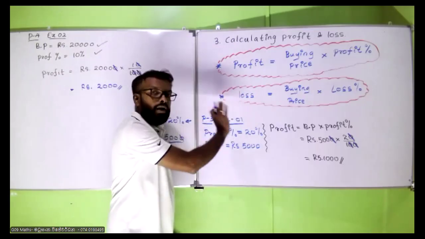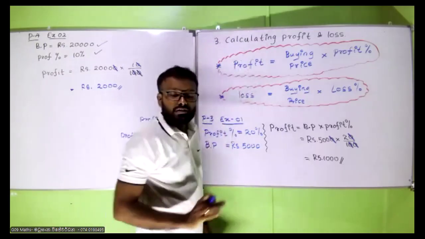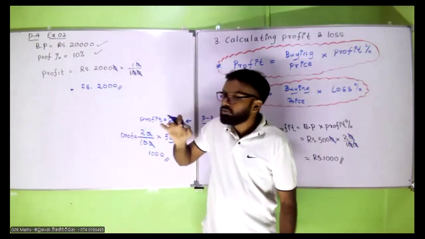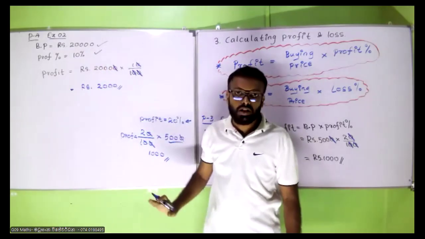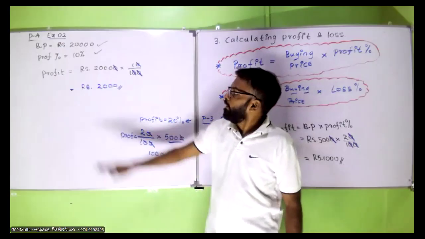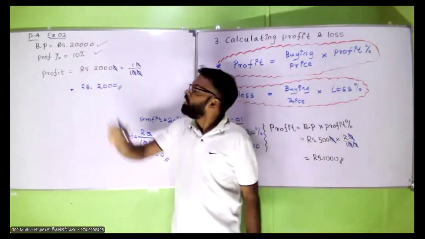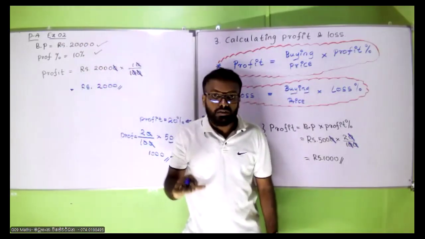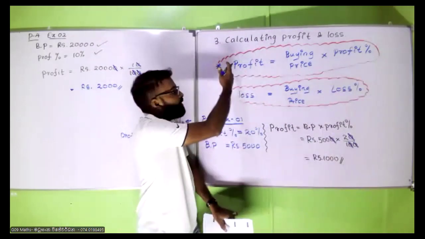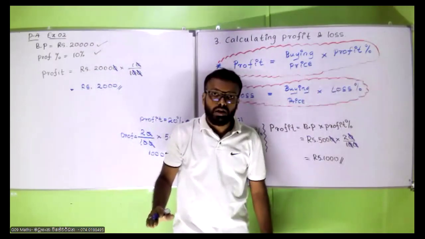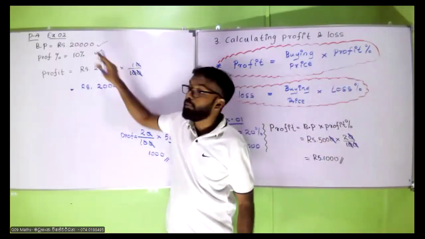So no matter if you forget the equations, the same thing can be done for this one as well. Profit percentage has been given, buying price has been given. You cannot remember the equation, but you know the logic of 10%.